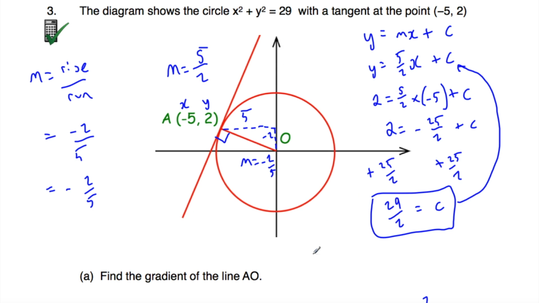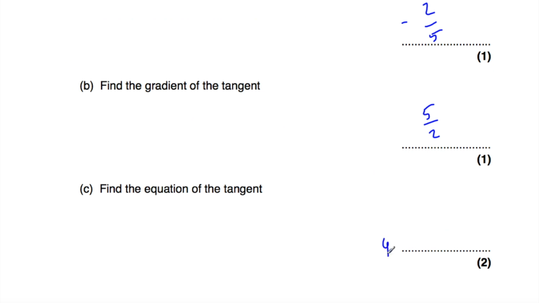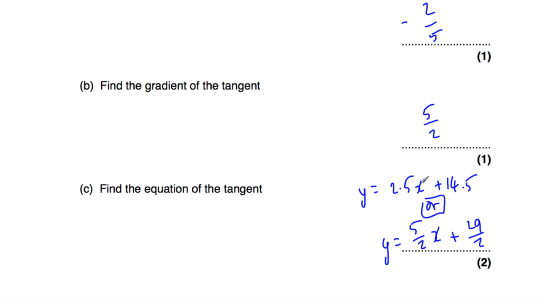The equation of this tangent is y is equal to 5 over 2x plus 29 over 2. If you wanted to, you can give it in decimal form and write y equals 2.5x plus 14.5, and that's fine as well. Either of those would be totally fine.